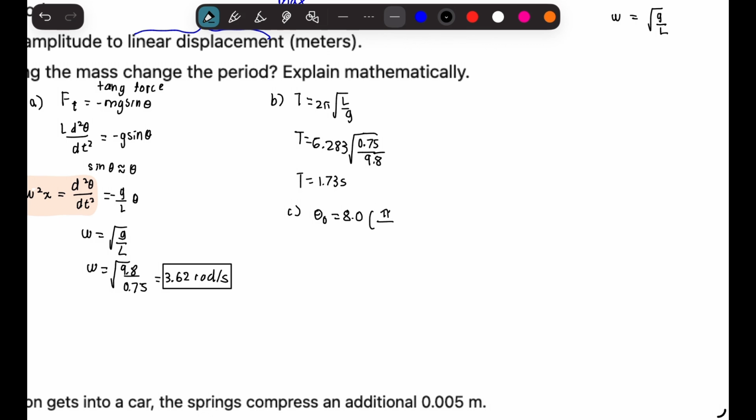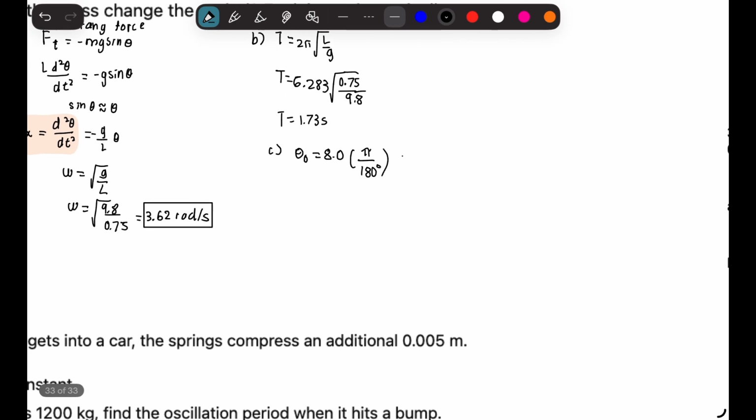We use our conversion factor of pi equals 180 degrees to cancel out degrees. We get 0.140 rad. Now we have x is equal to L theta. And you're going to multiply that by 0.140, and that is going to equal 0.105 meters.